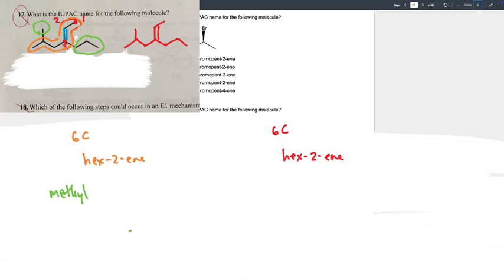And I have a 1, 2, 3 carbon, which is a propyl. I need to specify the locations of those. 3, 4, 5, 6. At position 3, I have the propyl. At position 5, I have the methyl.